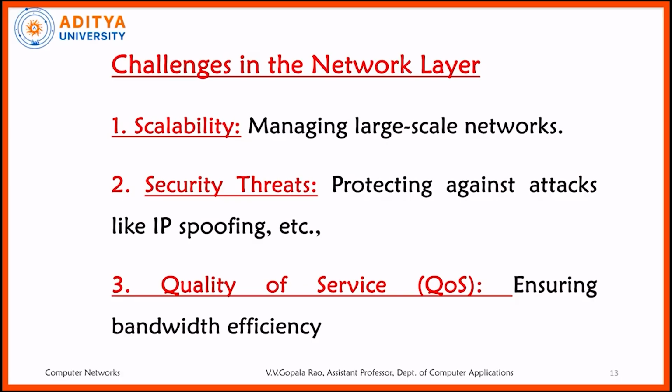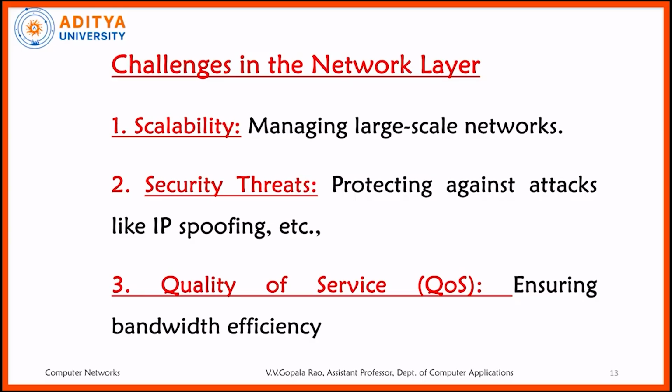And the third one is called quality of service. Because the network is not fixed, not static, it goes on extending. Sometimes some devices may be added, sometimes some devices may be dropped from the network, so it goes on in a variable fashion. How can you ensure the quality of the usage of bandwidth?